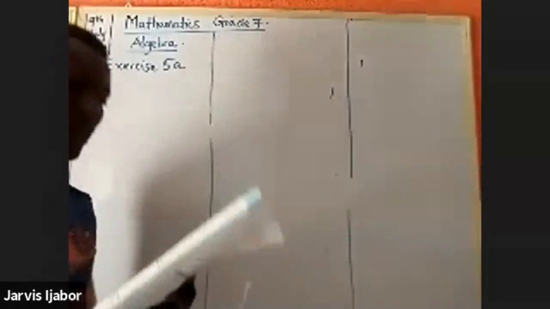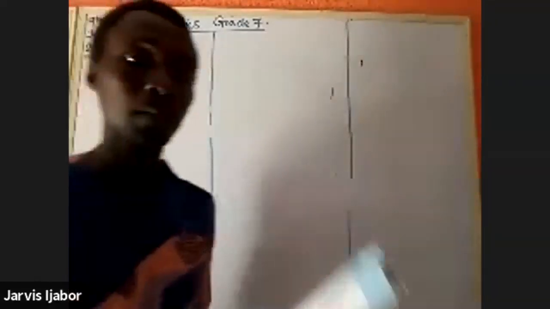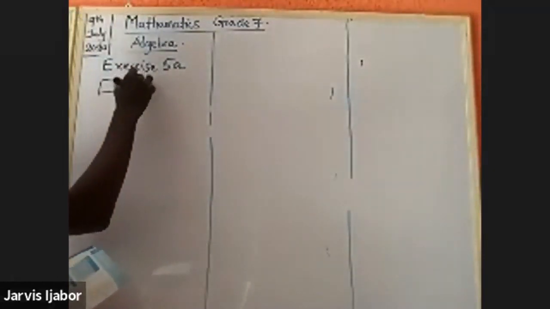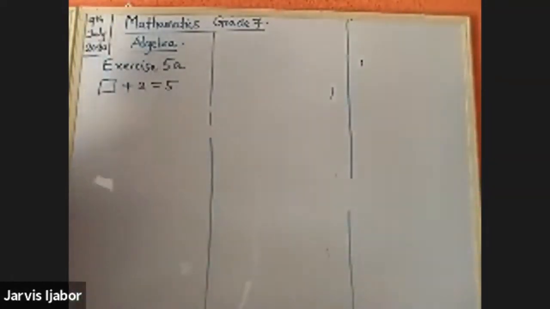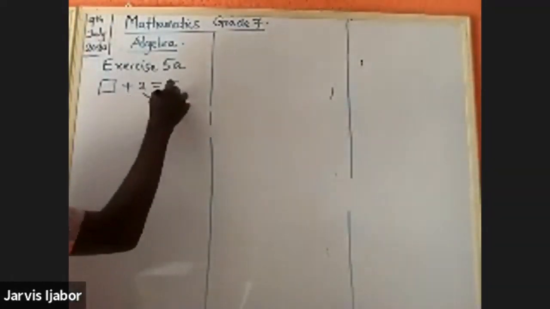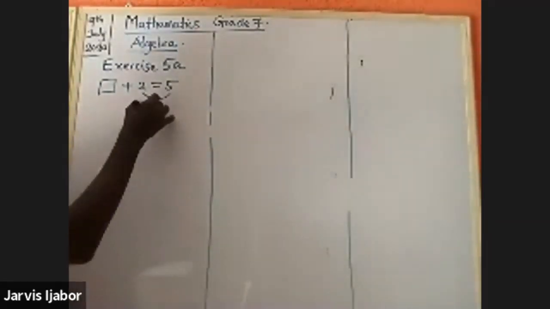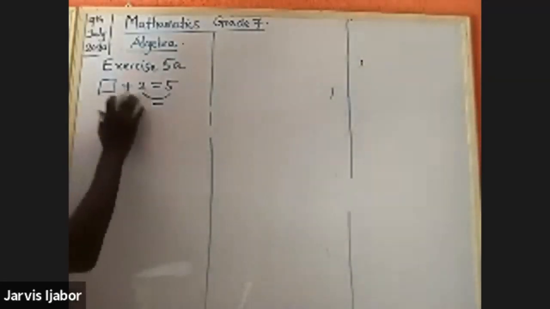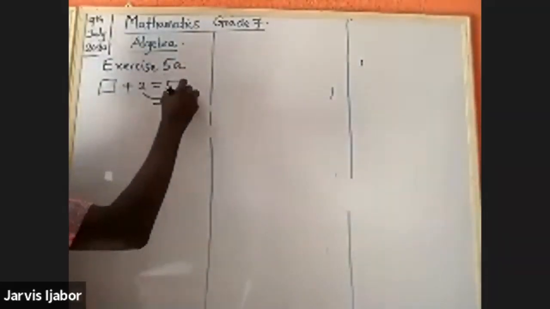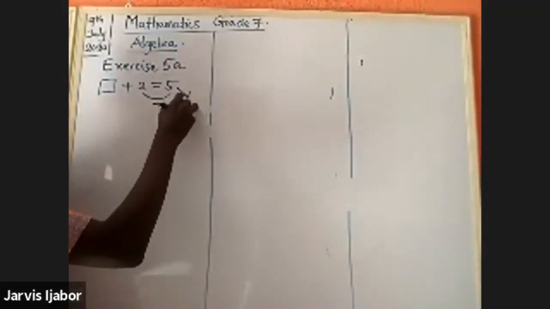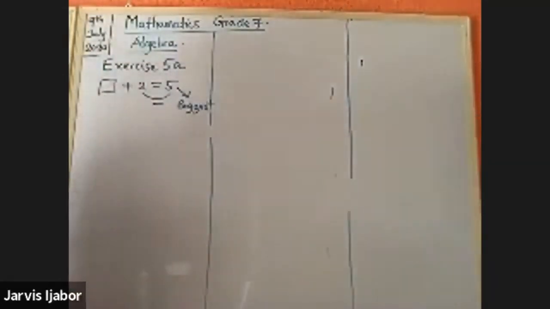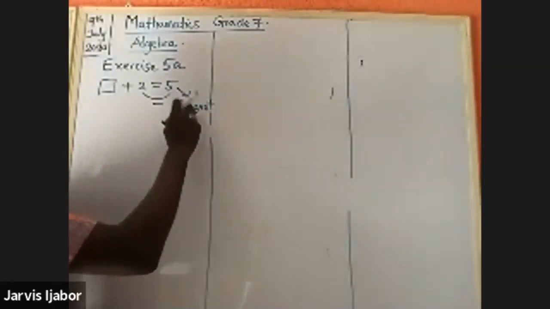Now look at question 31. Something plus 2 is equal to 5. This is subtraction. Now, when you add 2 numbers, the answer is always the biggest.